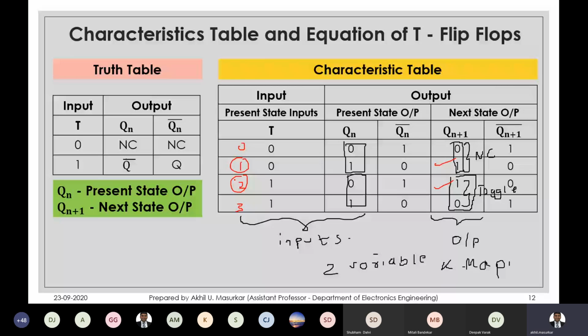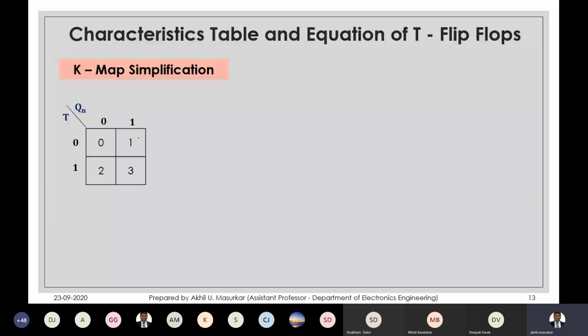That will give me a K map which is this way. And I have one isolated cell, and then we have another isolated cell.